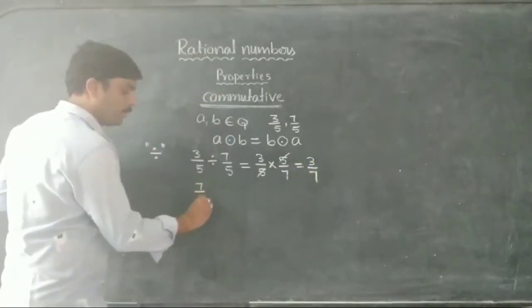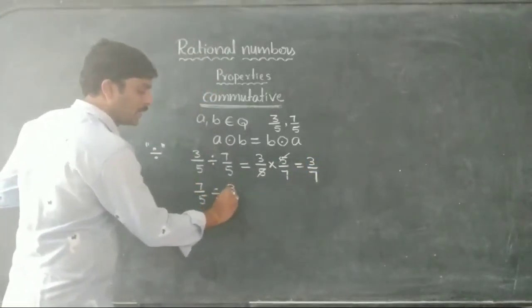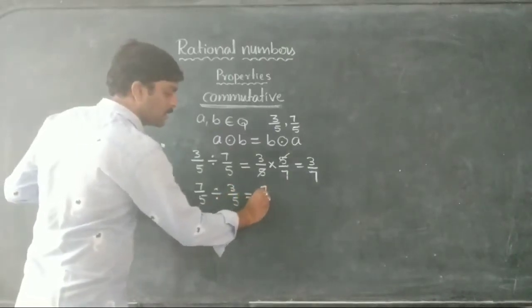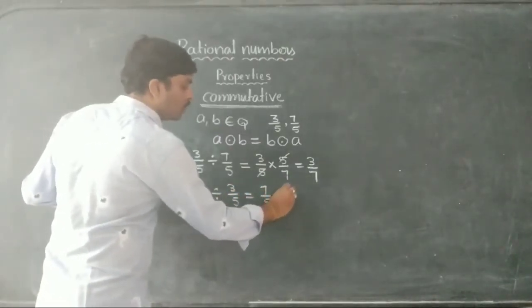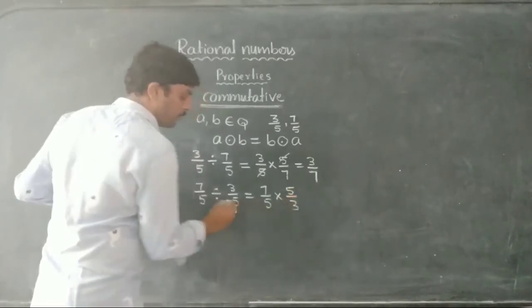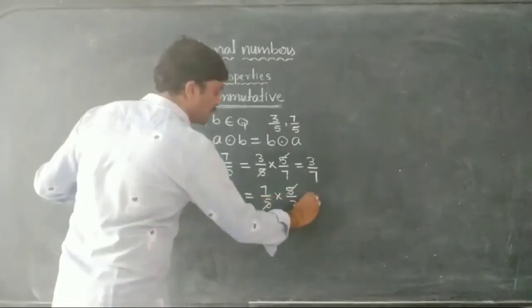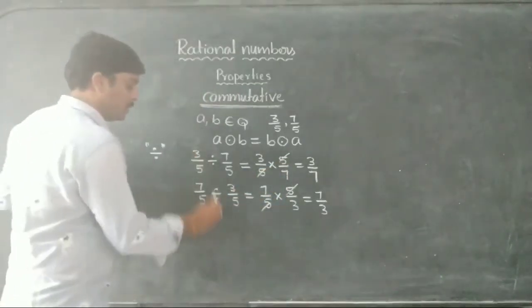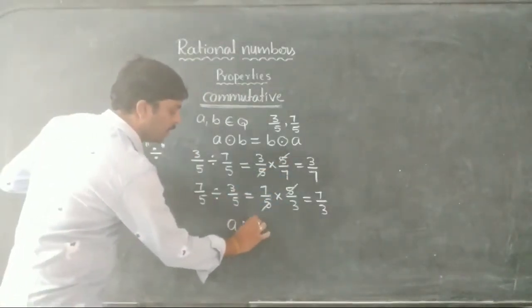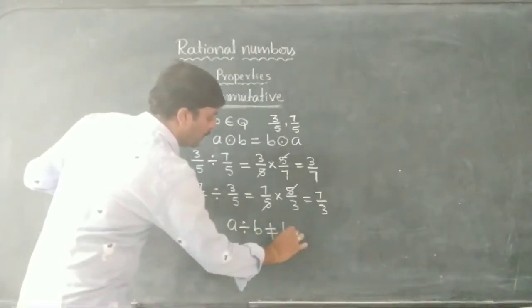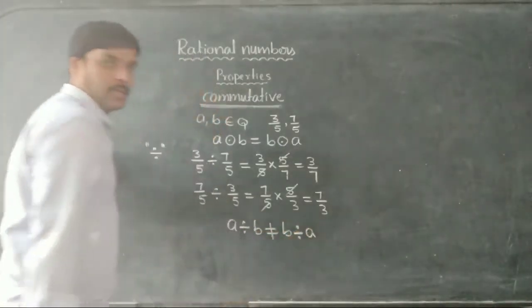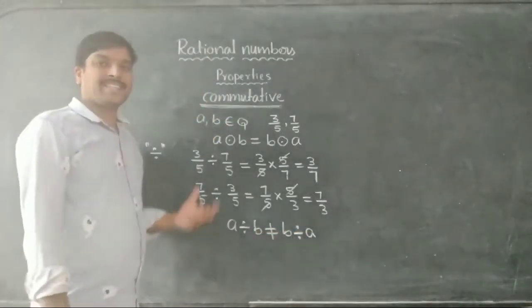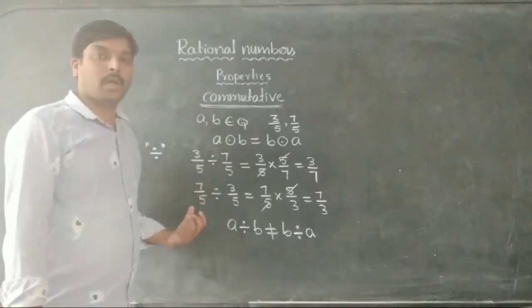Now 7 by 5 divided by 3 by 5 is 7 by 5 into 5 by 3, the reciprocal. 5 cancels, we get 7 by 3. So these two are not equal. So a divided by b is not equal to b divided by a. Division is not commutative; rational numbers are not commutative under division.